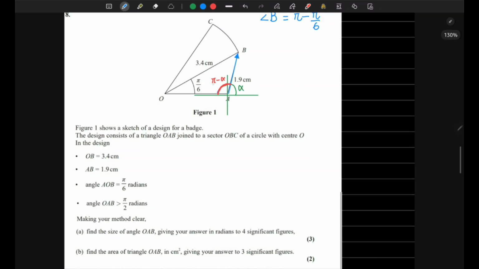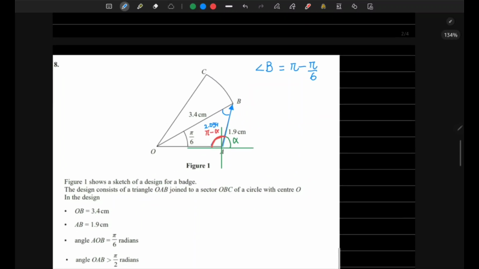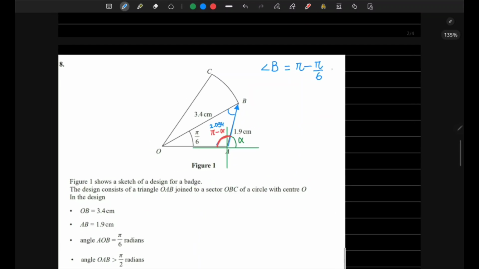So this angle is actually 2.034 in radians, so pi minus pi by 6 minus 2.034. Okay, so this is going to give you the angle B, which is 0.5839.